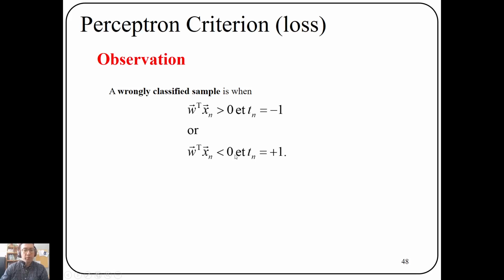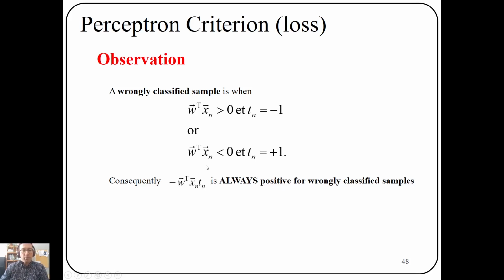The score of the function is negative and the true target is positive. Consequently, if you take minus the dot product, so the score of your function, times t, which is either +1 or -1, this function here is always positive for wrongly classified samples. Now let me say this again.